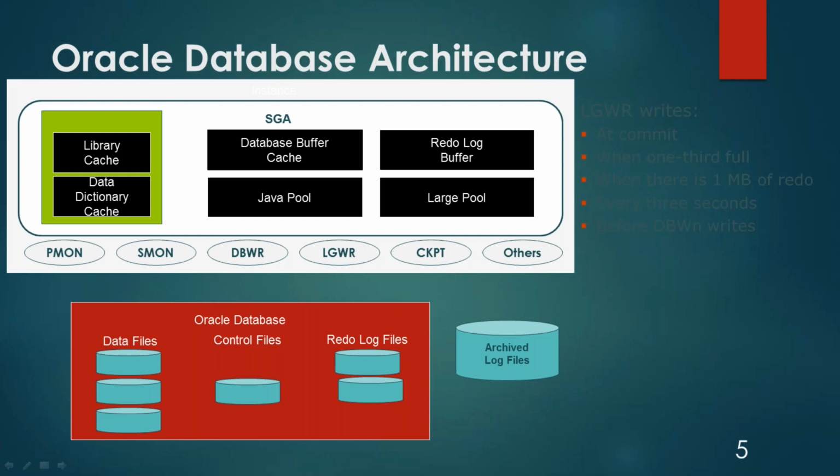You get that data from your data files. Data files store your actual data. Control files are the heartbeat of the Oracle database. They contain your metadata information. And redo log files are the files responsible for capturing the changes from your database. Whatever changes happen, say for example you are doing any insert, update, delete, or you are making any DDL changes, all those changes get recorded into your redo logs.